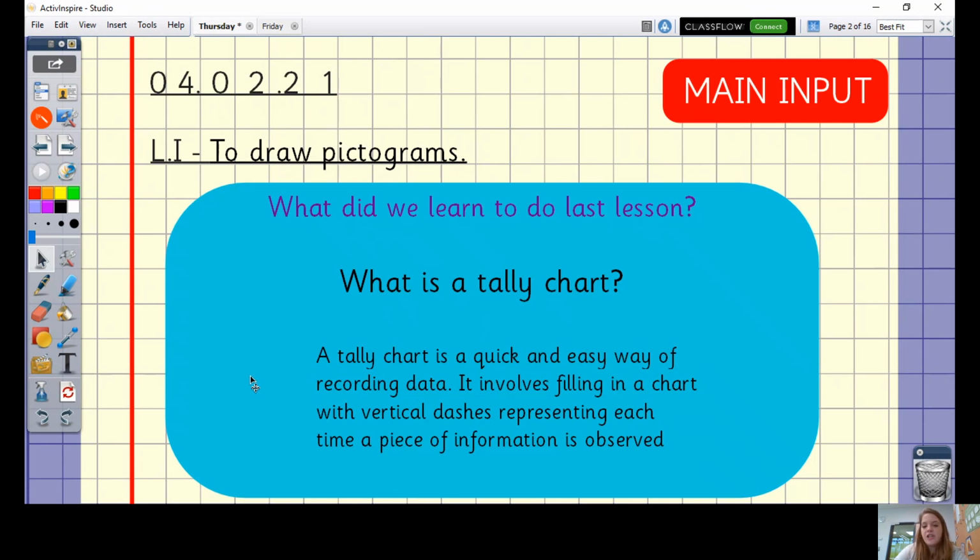It involves filling in a chart with vertical dashes, so lines, straight lines, representing each time a piece of information is observed. Okay, so often they're used when you're looking at something, for example, the traffic on the road. They're a quick way of recording the number of cars on the road, for example.